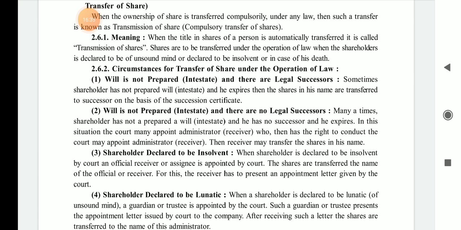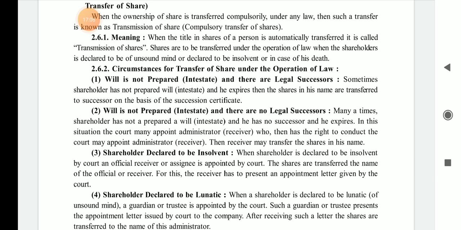Next one is the will is not prepared and there is no legal successor. See, the second case is that the will is not prepared and the legal successor is also absent. Sometimes a person has not presented his will and also has no legal successor.